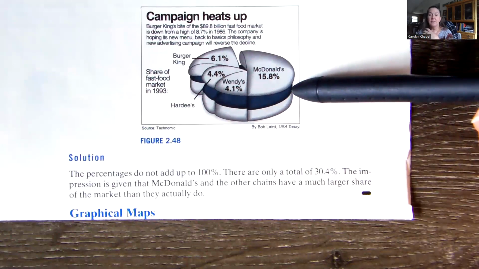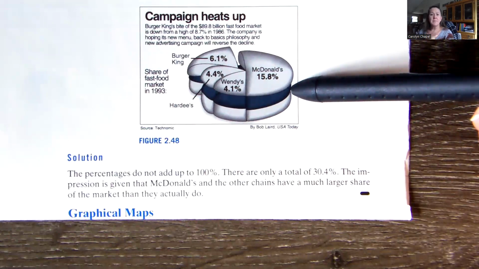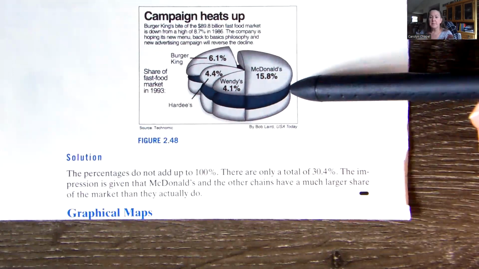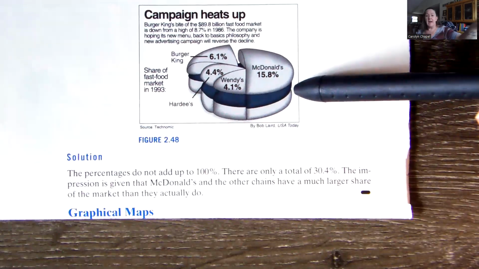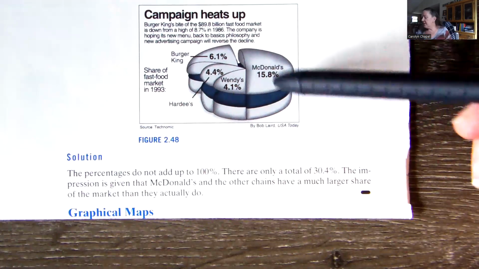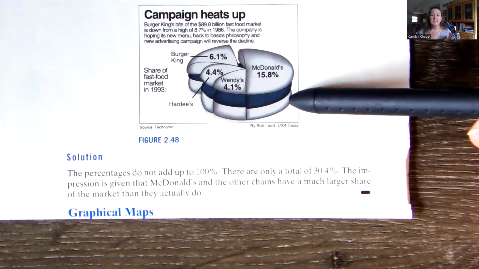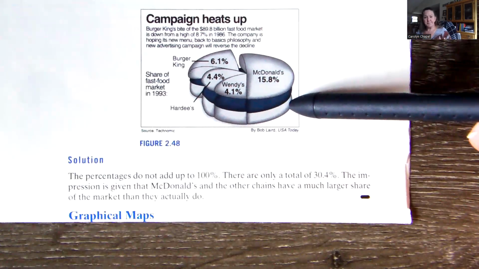It does not have, I would assume, fast food pizza joints. I would guess pizzas are going to be a large portion of that fast food market. Subway, those sub shops, all of those other categories as well, all of the other hamburger places that are not even included.